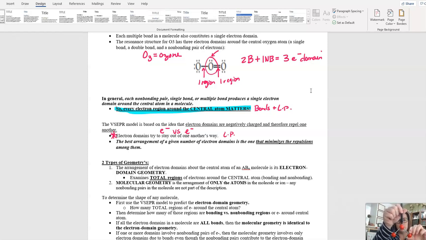There are two electrons sitting right there, a pair. Because the lone pairs tend to take up all the space of the molecule, what it's going to do is, it looked like it used to be linear, like this, and now it truly looks like this, because the lone pairs bend these bonds down away from the lone pairs. So given the number of electron domains, the best arrangement is the one that minimizes repulsions.